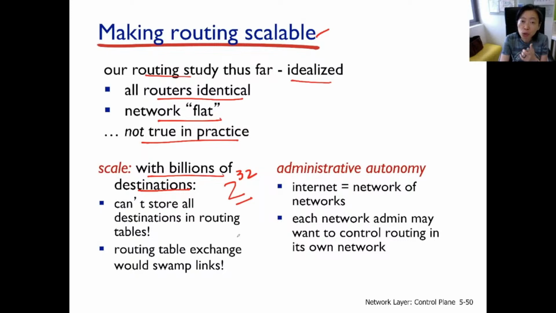Well, let's say we use 1 byte to represent the shortest distance, 1 byte to represent the predecessor. We'll need 2 bytes, okay, for each destination. And there are these many destinations. If my calculation is correct, this is probably something at the scale of about 8 gigabyte. Yeah, or something like, close to gigabyte.